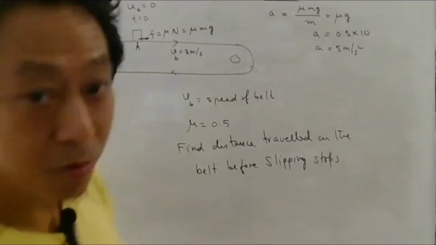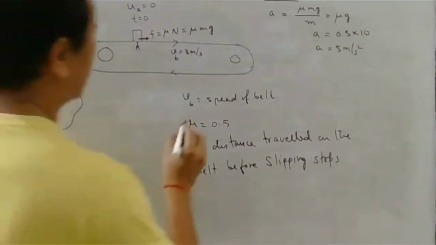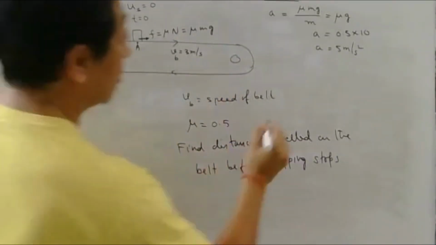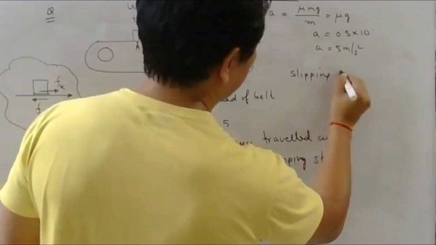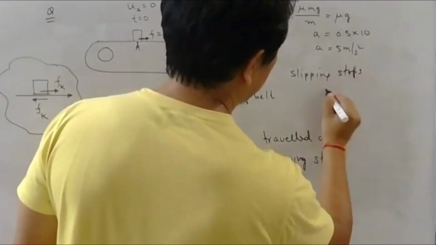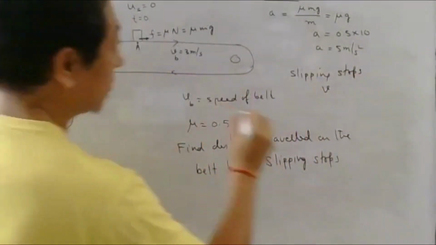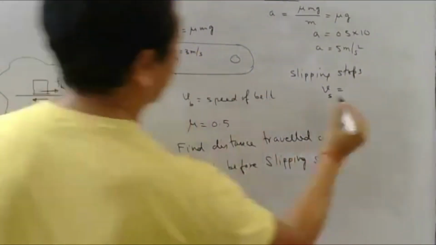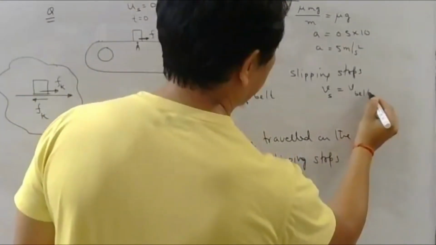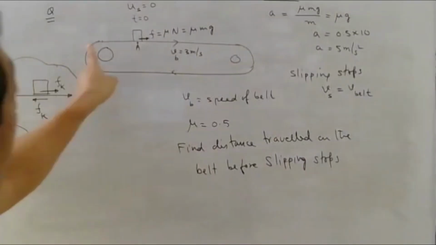Yes, sir. So we need to now check after what time slipping will stop. So slipping stops when the final velocity of suitcase becomes equal to the velocity of belt. Remember, the belt is moving with constant speed.